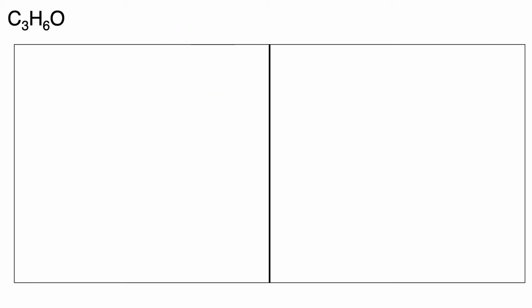Okay, so let's take a look at this one, C3H6O. So this one is actually fulfilling the molecular formula for aldehyde. Okay, aldehyde. But at the same time, if you refer to your note, it is said that this molecular formula also can form ketone.